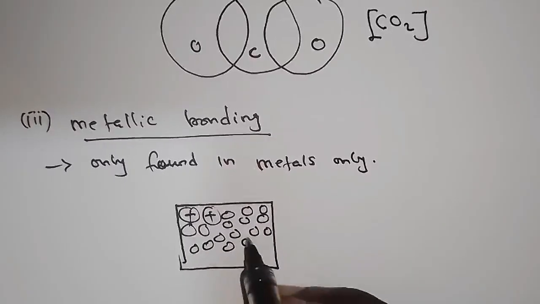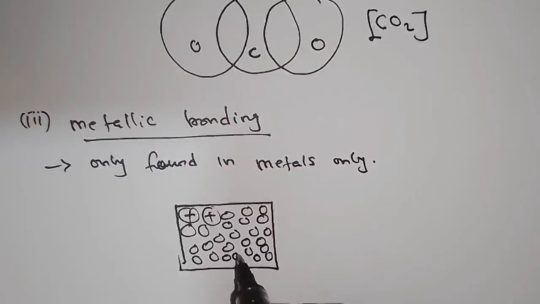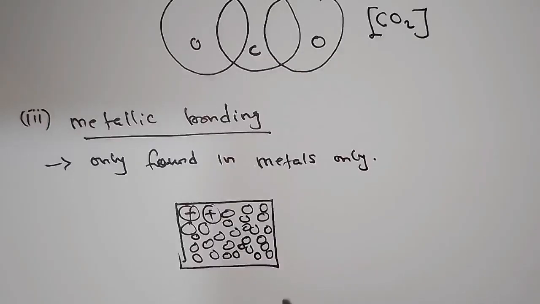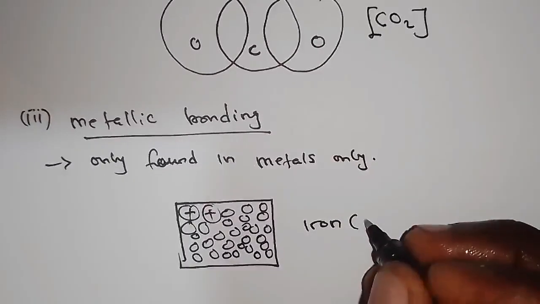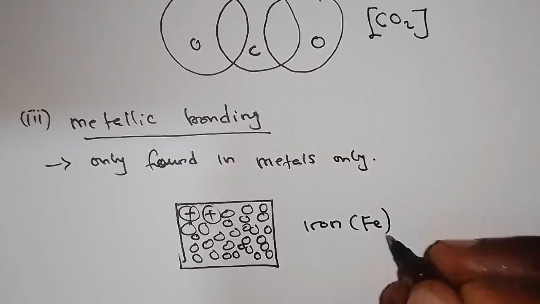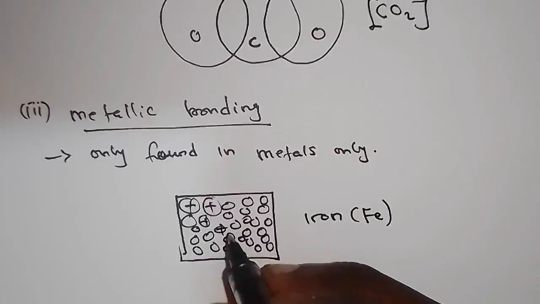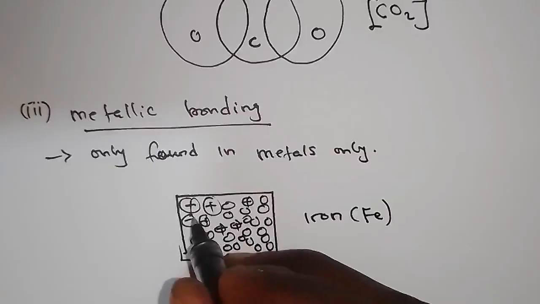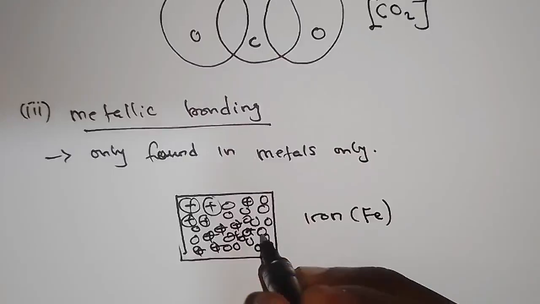Since the metallic bonding is just within a single element, for example iron, with the symbol Fe, all you can show is the positive ions, because these are static, they do not move.